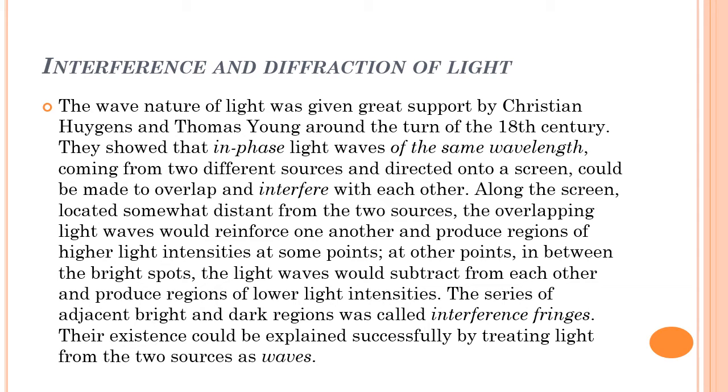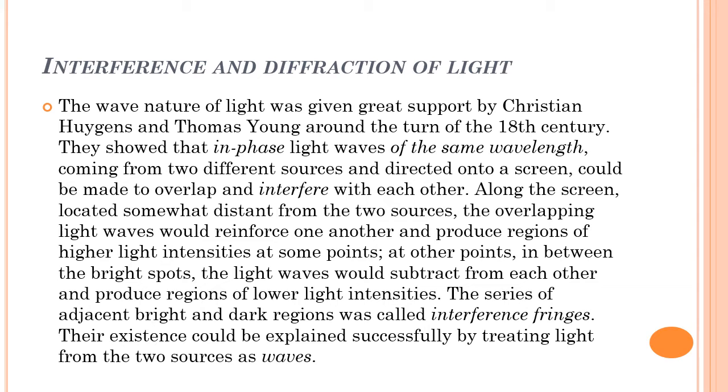The wave nature of light was given great support by Christian Huygens and Thomas Young around the turn of the 18th century. They showed that in-phase light waves of the same wavelength coming from two different sources and directed onto a screen could be made to overlap and interfere with each other.